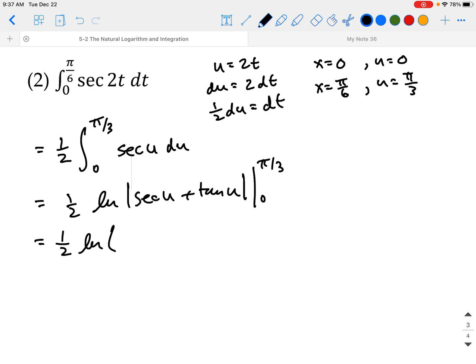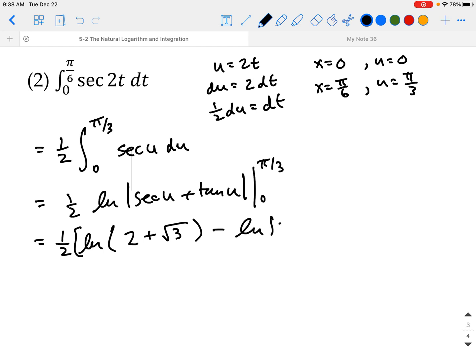So we'll get evaluated at pi over 3 is going to be secant of pi over 3, which is the reciprocal of 1/2, since cosine of pi over 3 is 1/2. So we'll get 2 plus, and then tangent of pi over 3 is going to be radical 3, minus the natural log.